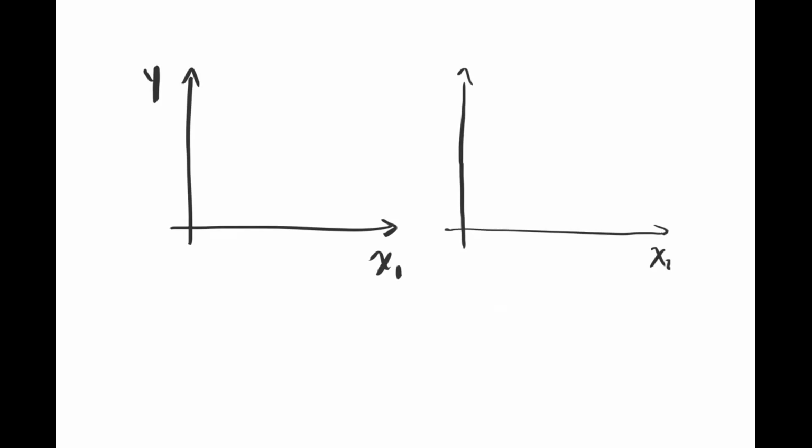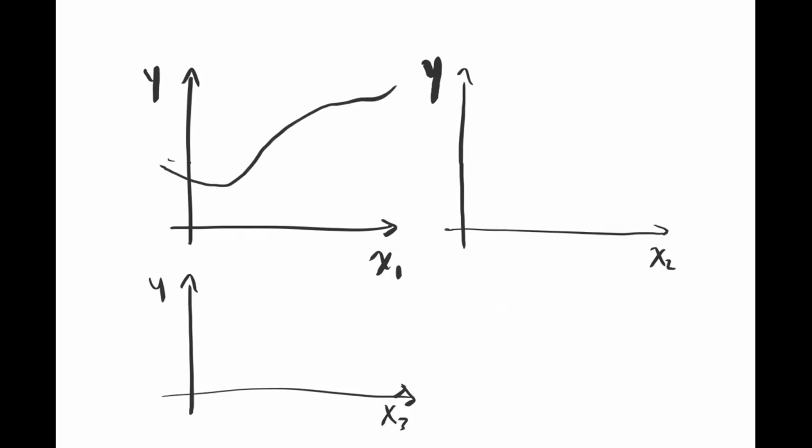Let's say we have 3 variables, x1, x2, and x3. The real big plots of interest should be deriving essentially a sort of functional relationship between your x's and your y's.